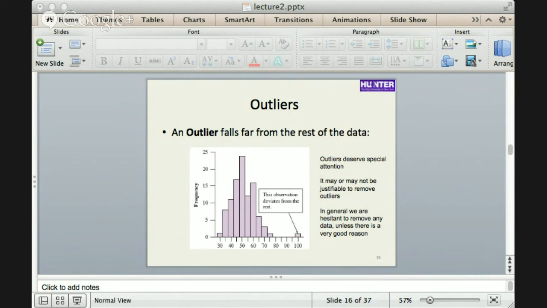Yes, question? It means that if you were to take these data points and take a log of all of them, then they would look normally distributed. That it's just a different sampling distribution.